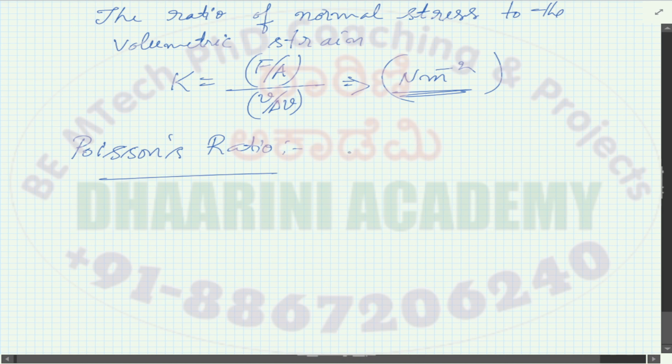It is the ratio of lateral strain, in the sense of change in the dimension in one direction, that is delta x by x, lateral strain to the longitudinal strain. So normally sigma is equal to beta divided by alpha.